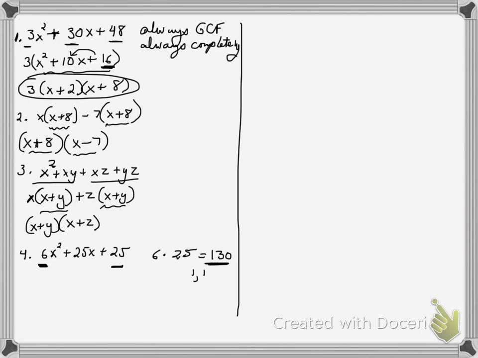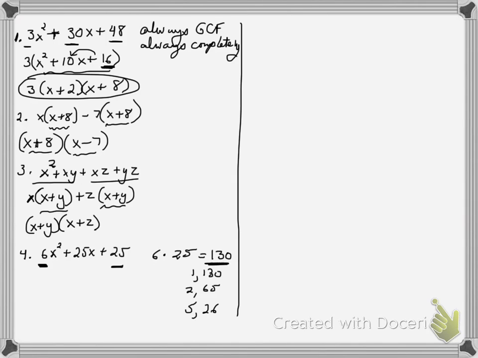In my mind, I'm thinking 1 and 130, 2 and 65, 3 and, let's see, that would go into 12. 3 doesn't go in evenly. 4 doesn't go in evenly. Let's see, 5 goes in, and you'll get a 2 for 10, and 30 goes in 6, 26.